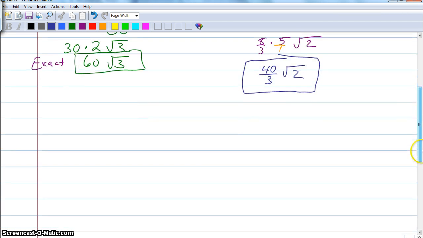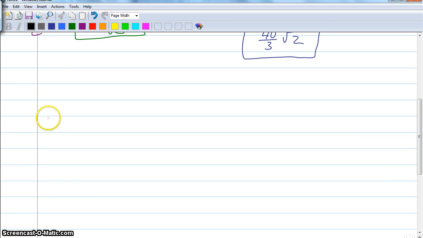All right, let's do another example. Let's go a little bit simpler again. How about 7 root 8 times 3 root 6. 7 root 8 times 3 root 6.